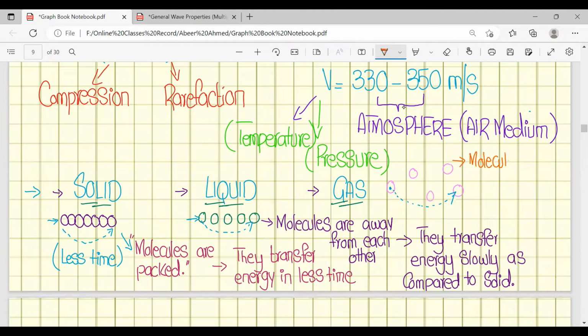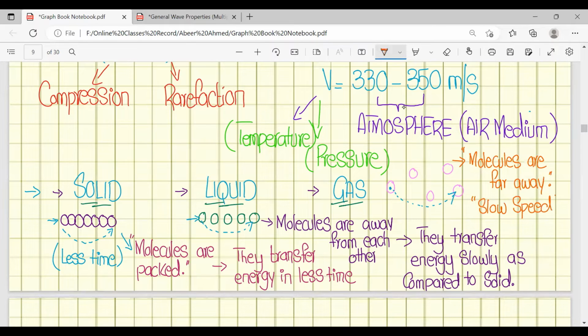Any confusion? No. Okay. So molecules are far away from each other, so that's why the transfer of energy becomes slow as compared to the liquid, right?